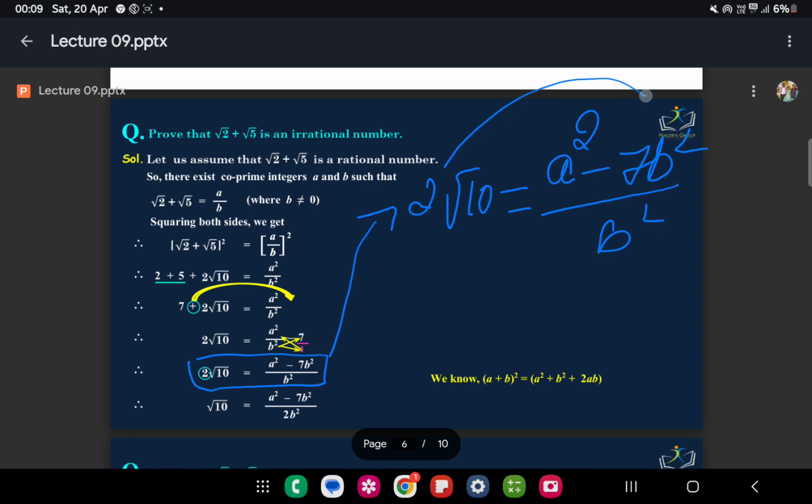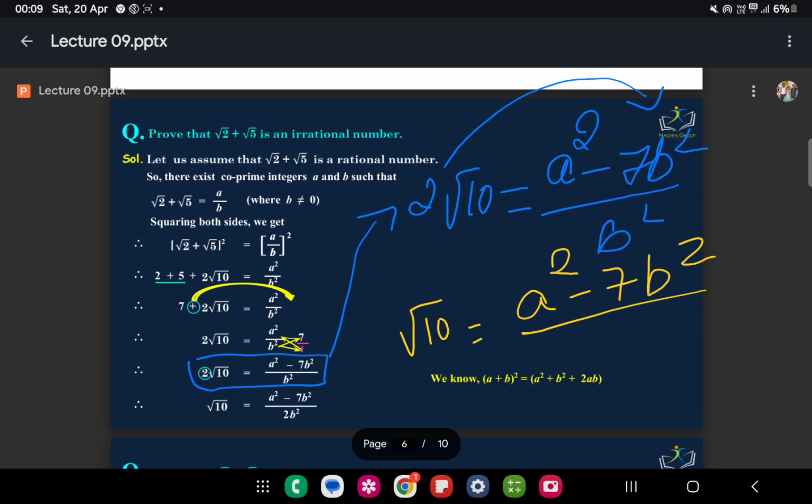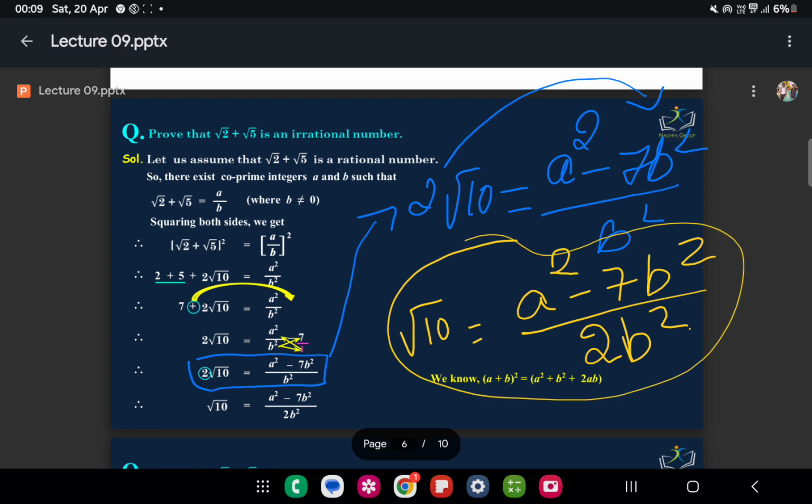Shift the 2 to right hand side, you will get root 10 equals to a square minus 7b square divided by, here 2 will come to the denominator, 2b square. This is root 10 is equals to a square minus 7b square divided by 2b square.